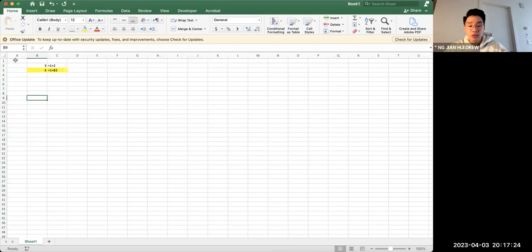You screenshot both the column and row number and alphabet, so that the marker will be able to know, oh, your reference of 1 plus B2, where is B2? So B2 is this one here. So that's how you do it.